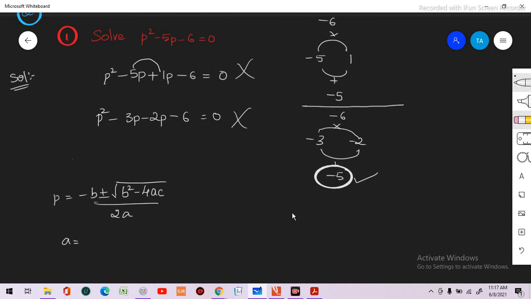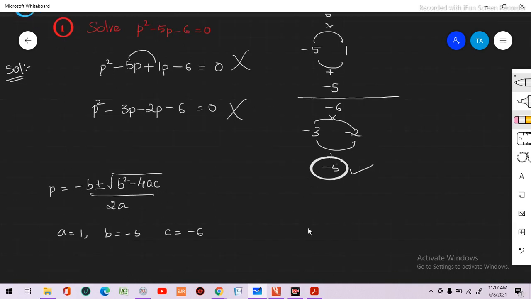So a is equal to how much now? 1. b is equal to how much? Minus 5. c is equal to minus 6. Substitute these values.